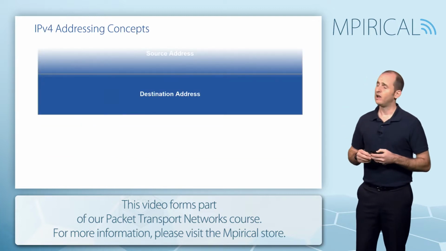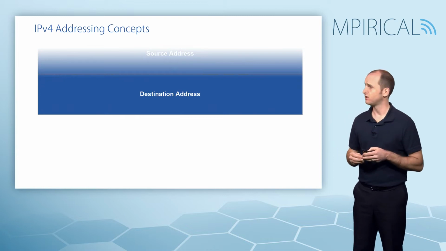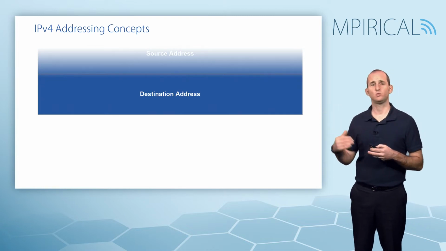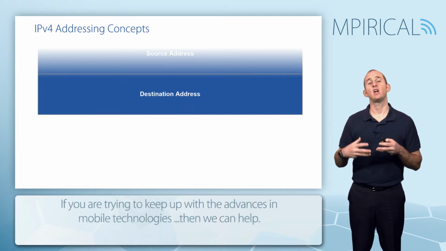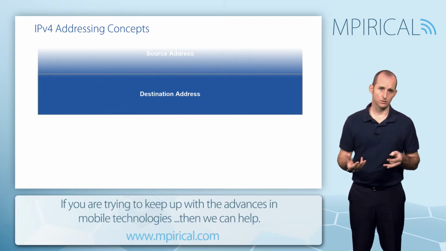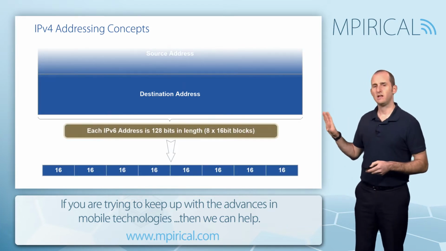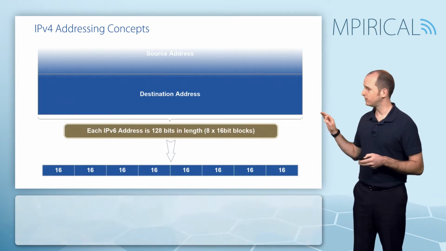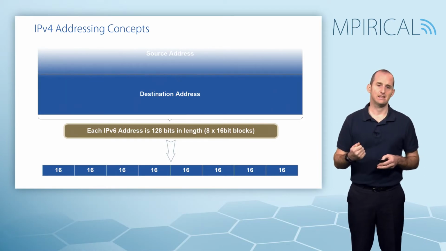If we look at the overall IP addressing associated with v6, we know that that address is 128 bits in length. Now that is not very human friendly to deal with. So as a start, that 128-bit address block is actually broken down into smaller blocks, 16 bits in length.